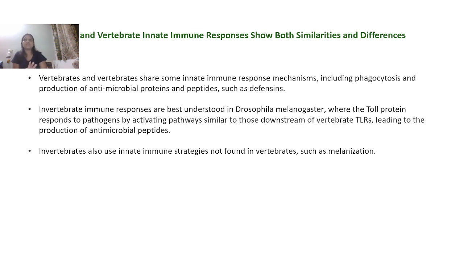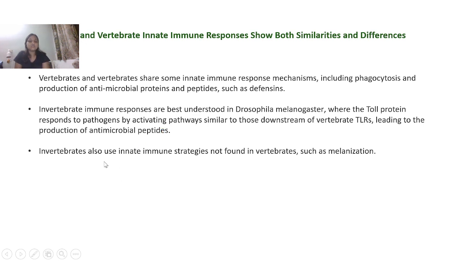It was not found in humans first. First, it was found in Drosophila melanogaster, where the Toll protein responds to pathogens by activating pathways similar to those downstream of vertebrate TLRs, leading to the production of antimicrobial peptides.